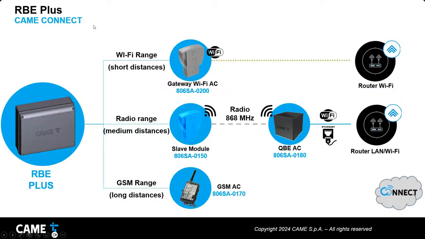So even by using, for example, an irrigation system, you can go just with the Wi-Fi gateway, simply by allowing the user to manage the irrigation manually from the app.